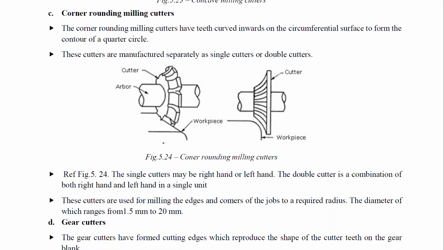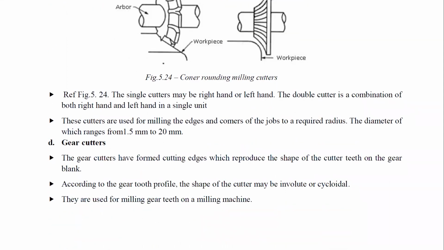The single cutter may be right hand or left hand. A double cutter is a combination of both right hand and left hand in a single unit. These cutters are used for milling edges and corners of the job to the required radius, which ranges from 1.5 to 20 mm.